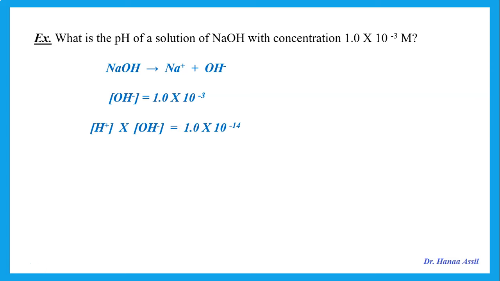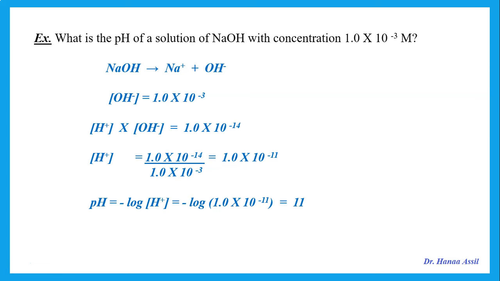So now we know the concentration of OH minus. We know that H plus times OH minus is 10 to the minus 14. I can use that to get the H plus. I find that the concentration of H plus is 10 to the minus 11. That means the pH is minus log of that, and that comes out to 11.